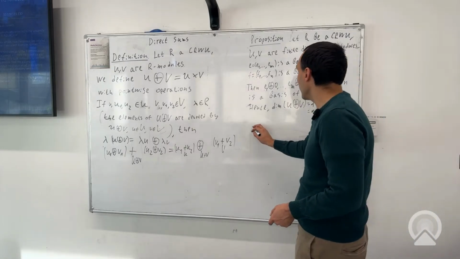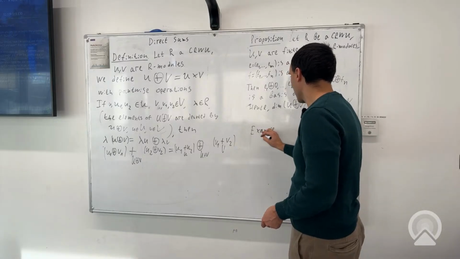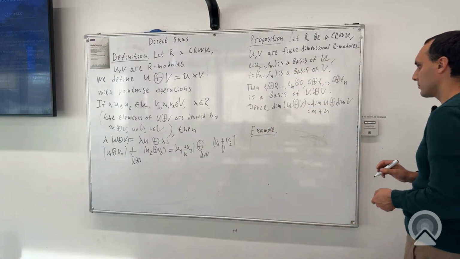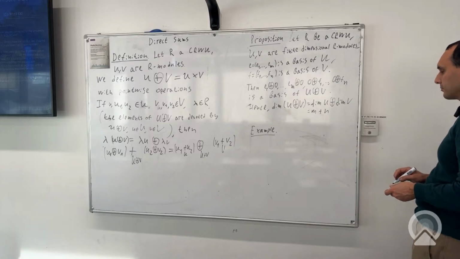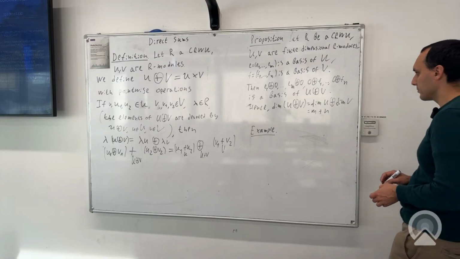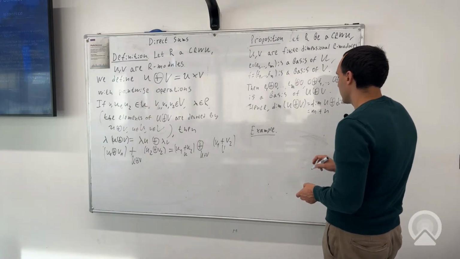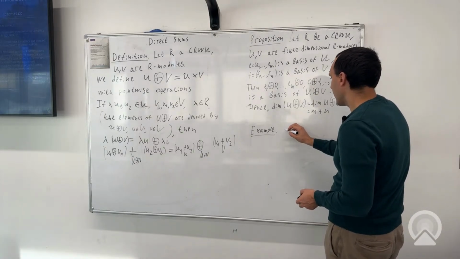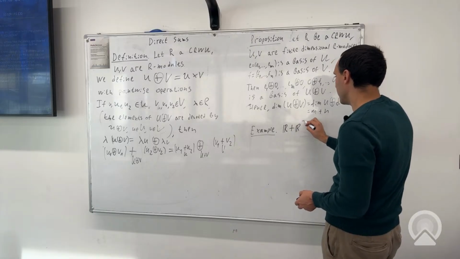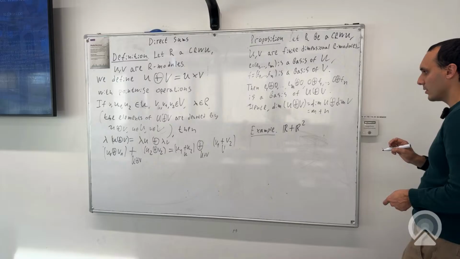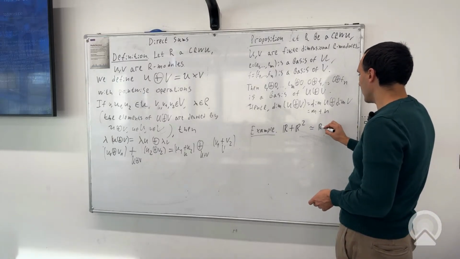So, for example, let's give some simple example: R direct sum R squared is the same as R cubed. How?